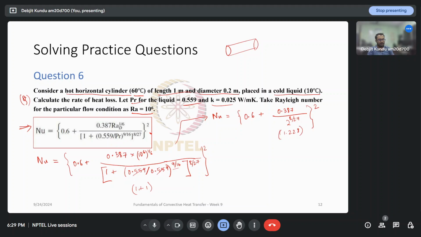So now I'll take the ratio 0.387 divided by 1.228. That gives me 0.315. I'll add 0.6 to it and then take a square of this.